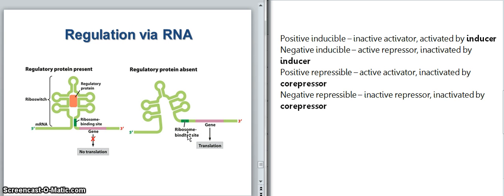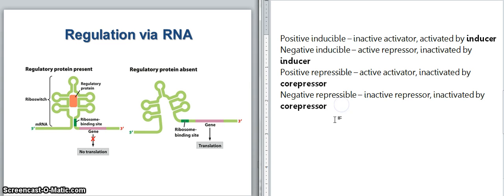Okay, a couple other things super quick. In some mRNAs in bacteria, they contain regulatory sequences called riboswitches, and these form secondary structures and bind to other proteins or molecules to induce changes that prevent translation from happening.